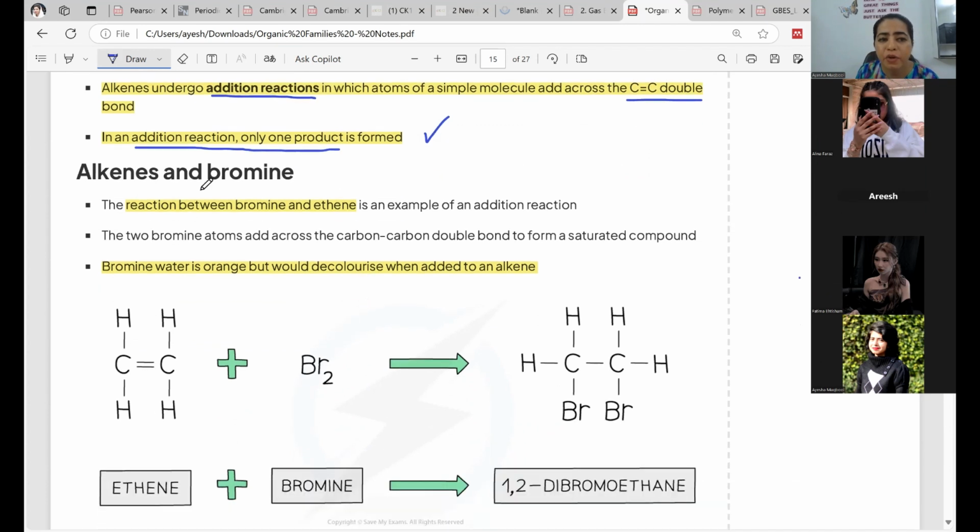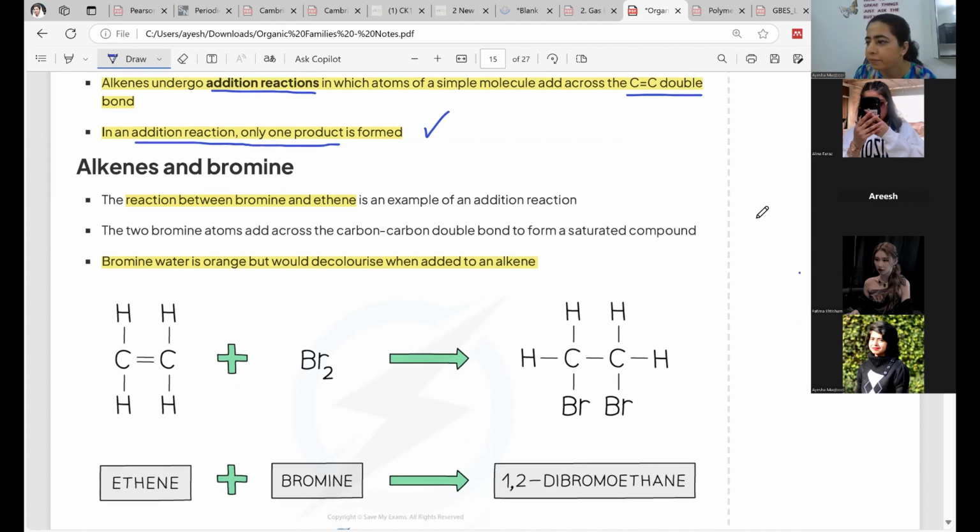Take the addition of alkene and bromine together. As we just checked, the double bond can break into a single bond and the Br2 can add on. One carbon will get one of the bromine atoms, and the other carbon will get the other bromine atom. So basically, in an addition reaction only one product is formed, a pure substance.